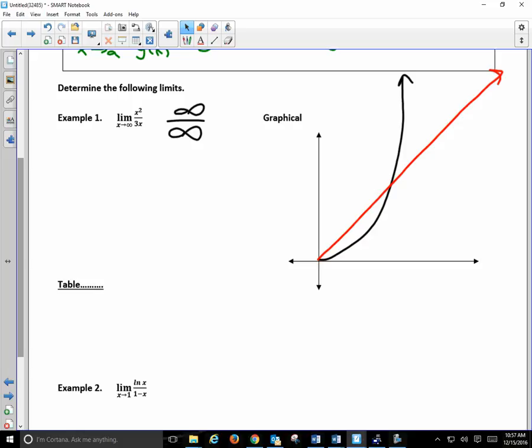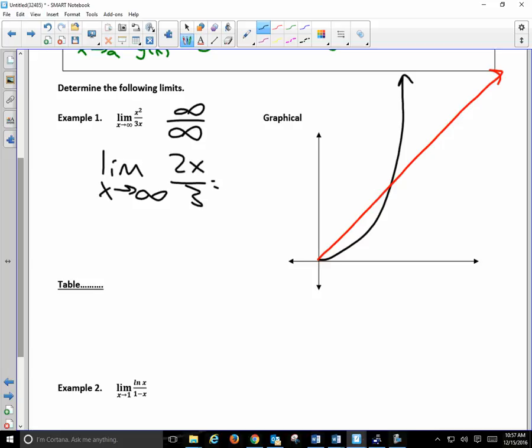Yeah, at a much greater rate, isn't it? And so if you were to divide the black one by the red one, you'd keep coming up with bigger numbers, right? And for that reason, when we take the derivative of the top and get the limit as x goes to infinity of 2x over 3, well, you get 2 times a very large number over 3, which is a very large number.